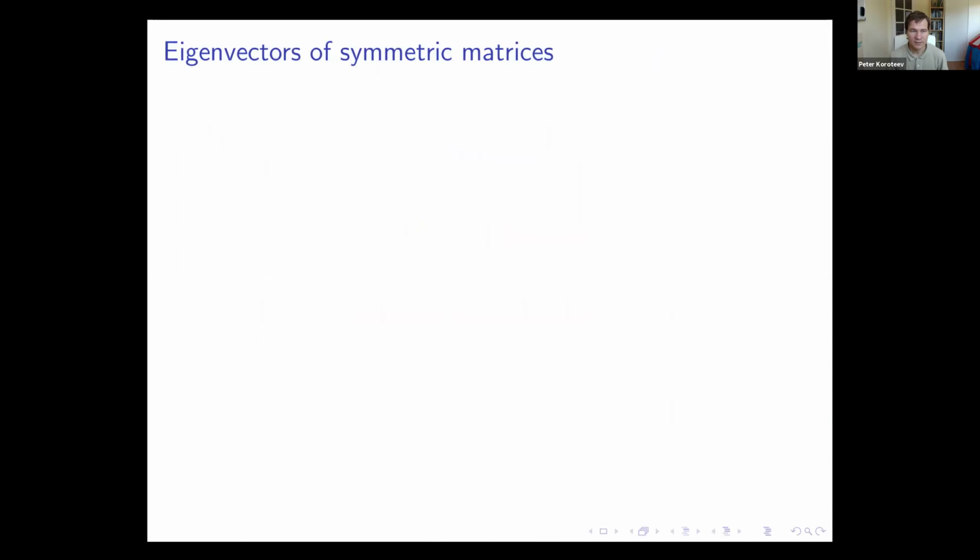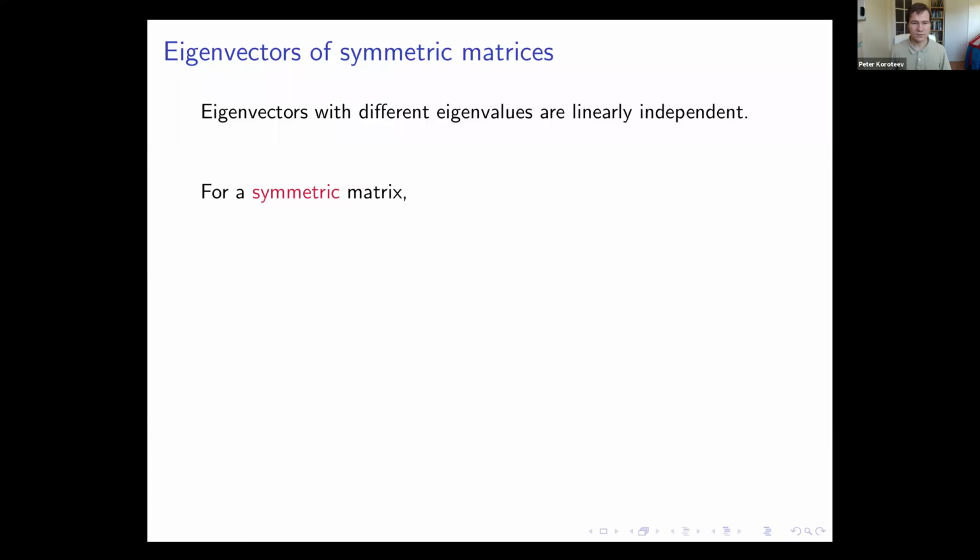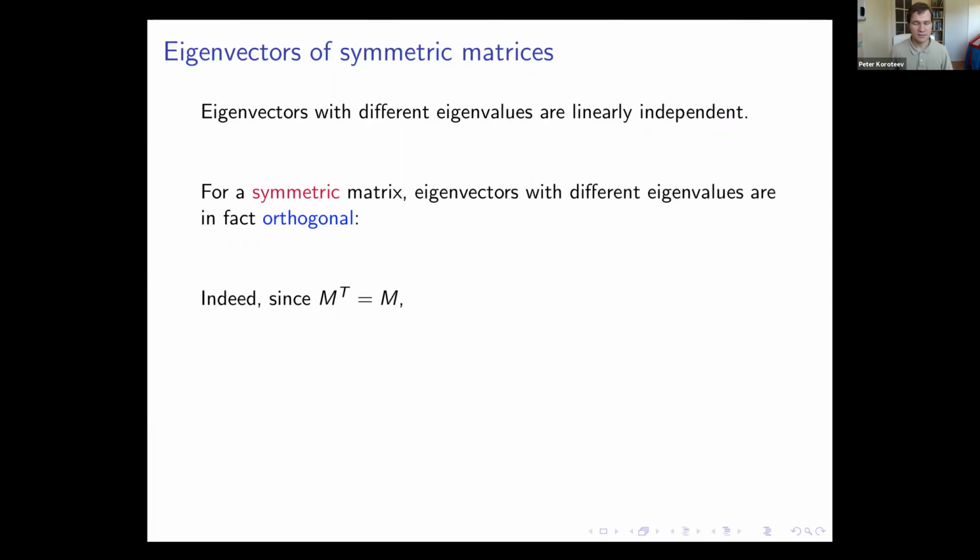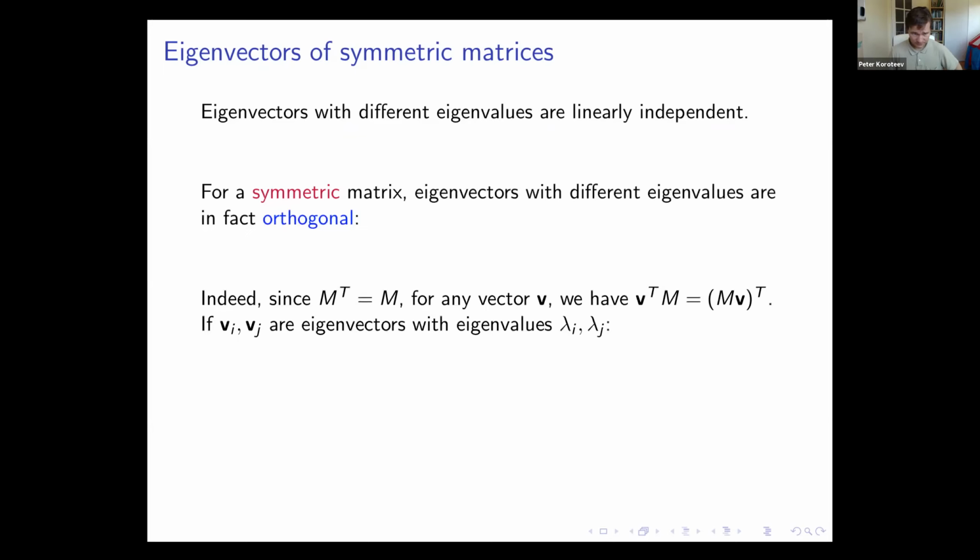Let's talk in more detail about eigenvectors of symmetric matrices. As we know, eigenvectors with different eigenvalues are linearly independent. For a symmetric matrix, eigenvectors with different eigenvalues are in fact orthogonal. Since M transpose is equal to M, for every vector V, we have V transpose times M is equal to M times V, everything transposed.